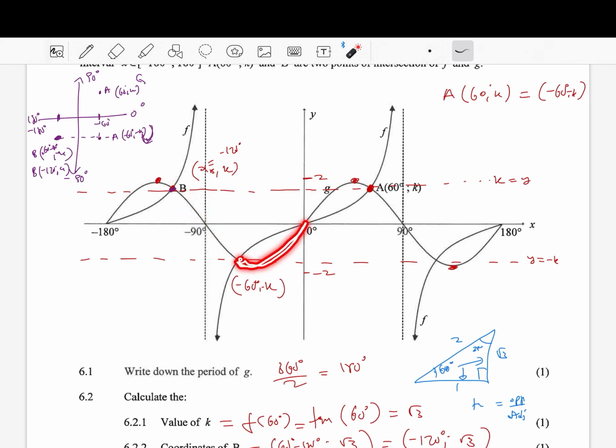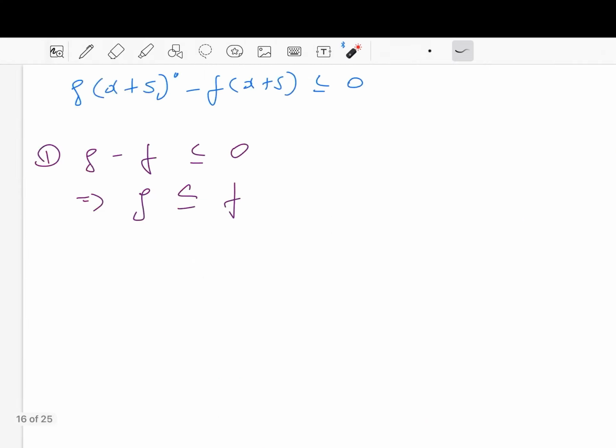Then here, g is greater than f, and then g is less than f here. This is the only region where g is less than f. That's what this says.